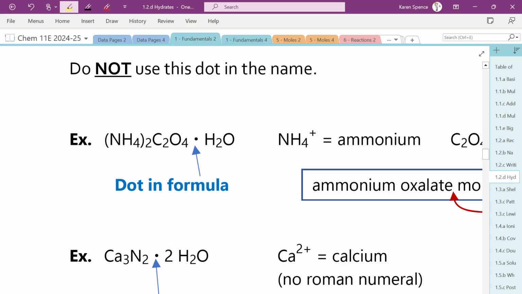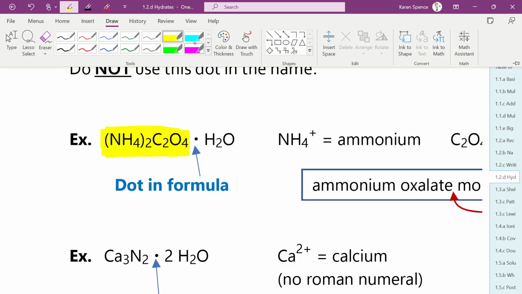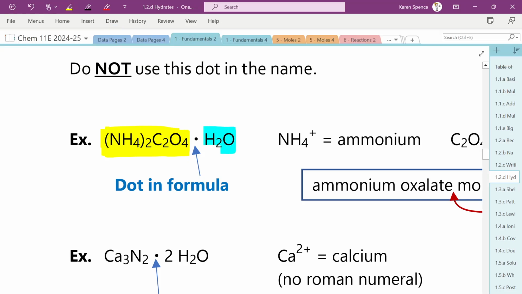We have an ionic compound here, and then we have the water. And you'll notice there's no number in front of the water, and what that means is that we have one water. So for every one of those formula units, we have one water.